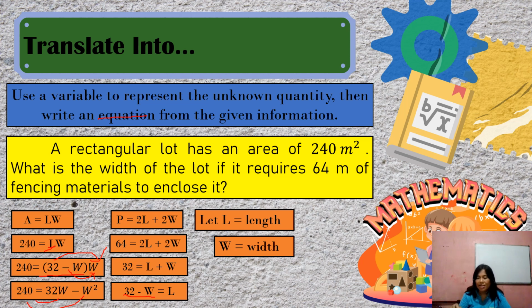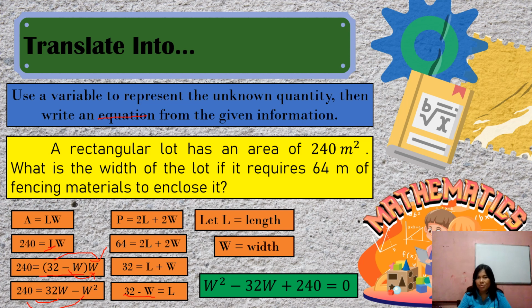So, negative W squared will become positive W squared, while 32W will become negative 32W. So, we will have W squared minus 32W plus 240 equals 0. And that is the equation that we've been looking for.